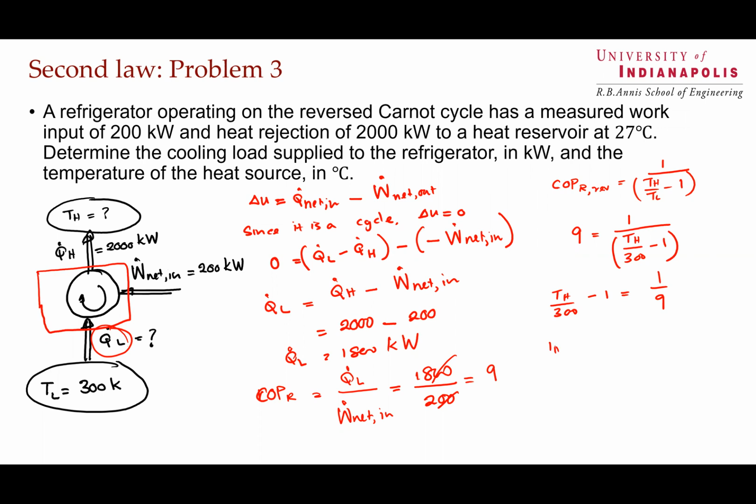And then TH equals 1 over 9 plus 1 times 300. So this is 10 over 9 times 300, 3000 divided by 9, TH in Kelvin, 333.33.